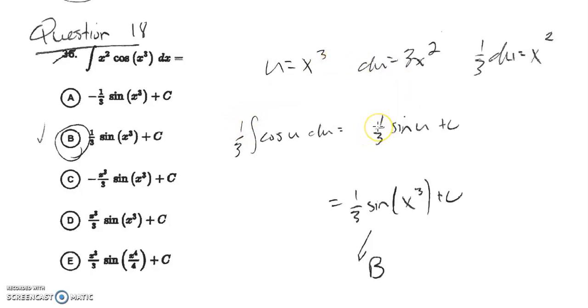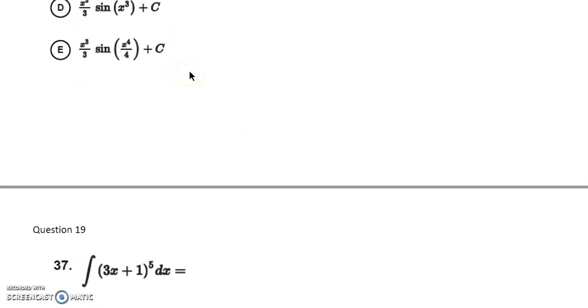And this one actually does not get a negative because I'm integrating cosine into sine. And then think about it, if I were to derive sine, what would I get? It would be positive. So it matches, I don't need a negative. So 1/3 sine u plus c. Then I plug the u back in, 1/3 sine x cubed plus c, which is B.